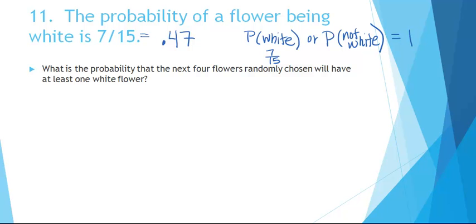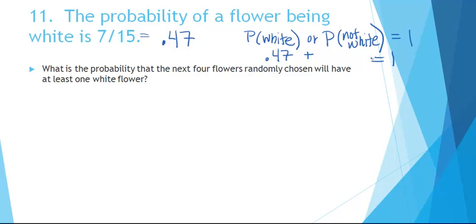So, I should have changed this over to the decimal. So the decimal is 0.47, and "or" typically means add, plus some number is equal to 1.